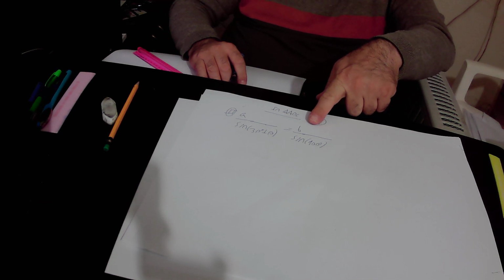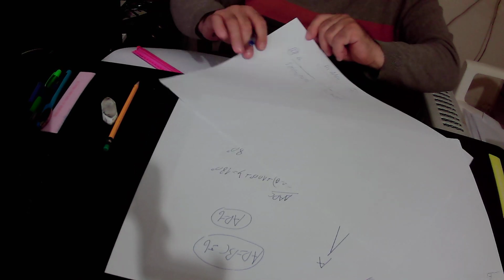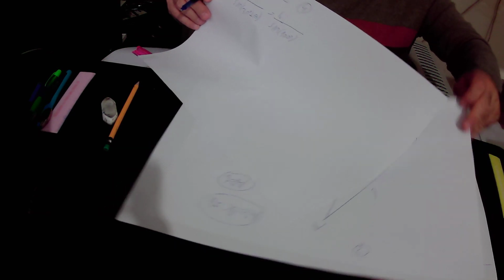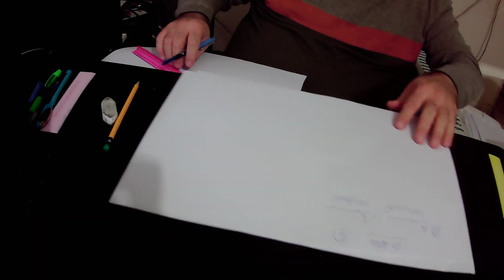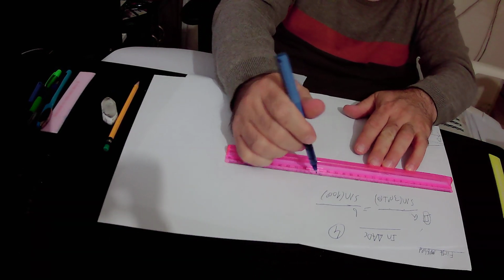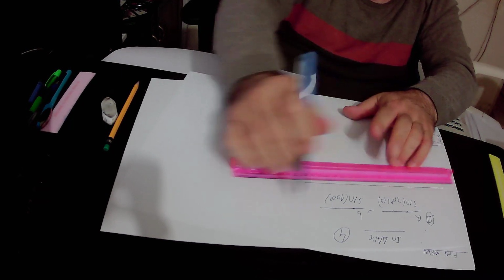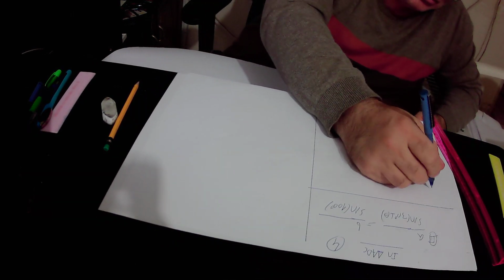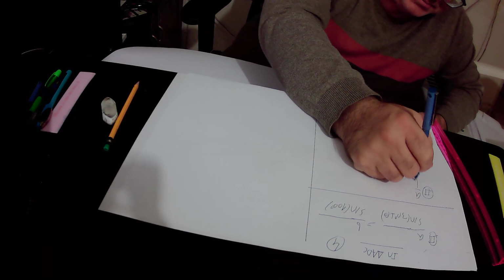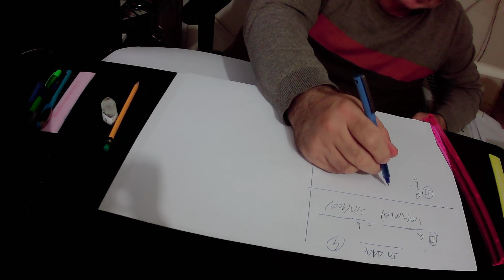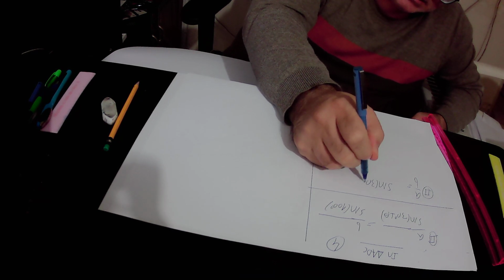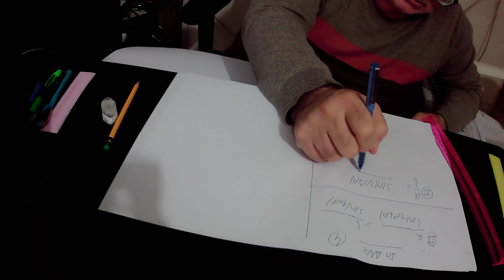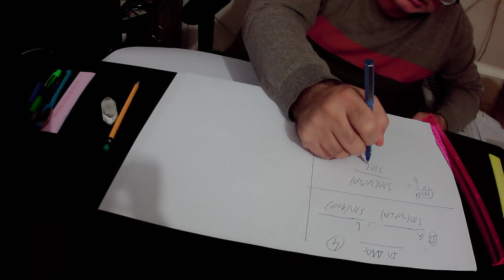We will divide this equation by B and then multiply it by sine 30 degrees plus theta, and we will get that, according to equation number 2, A over B equals sine 30 degrees plus theta over sine 100 degrees.